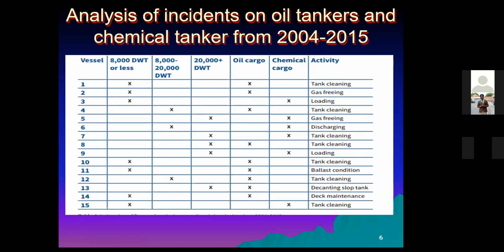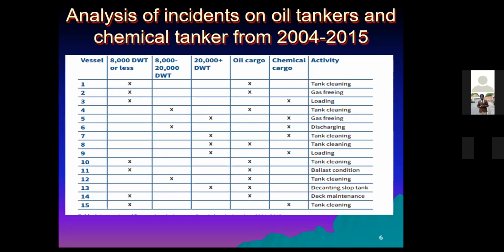As you are aware in the maritime industry, every major disaster or incident that happens leads to some changes in international regulation or convention. I presume that this is the case here, as most of the incidents involve tankers of 8,000 deadweight. Some happened during gas freeing, some during loading, and some are between 8,000 and 20,000.